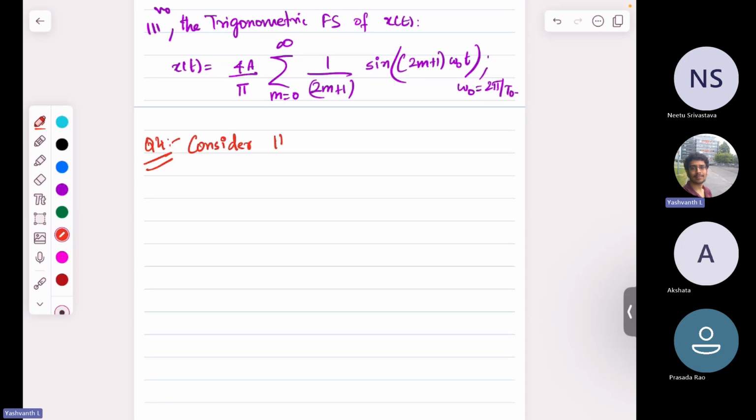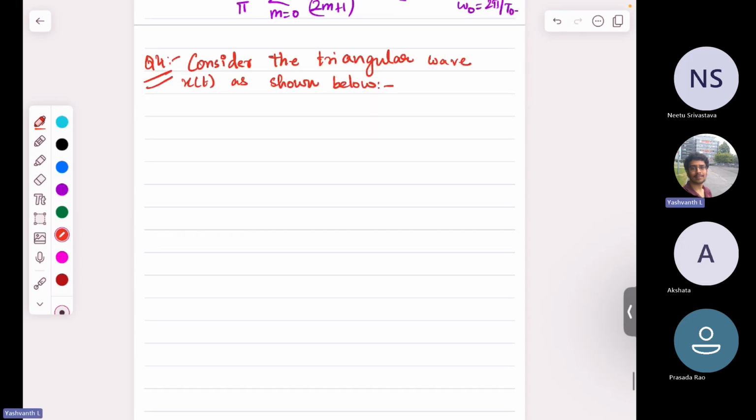Consider the triangular wave x of t as shown below. How is the triangular wave defined? It's something like this.